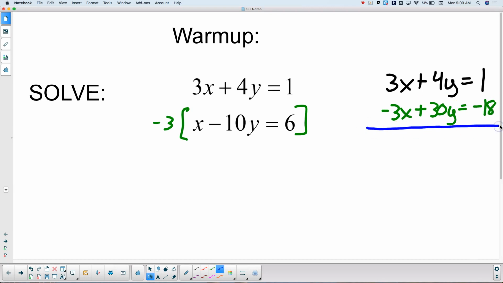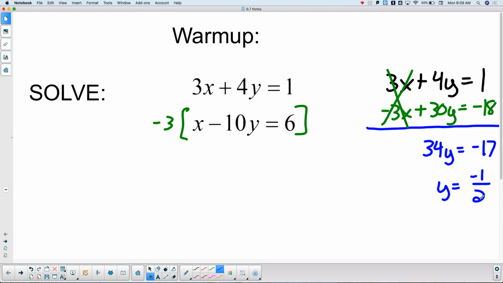Add those 2 equations together. The 3x's cancel each other out, leaving me with 34y equals -17. Then I would divide both sides by 34, giving me y equals -1/2.